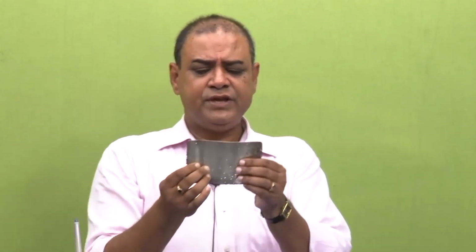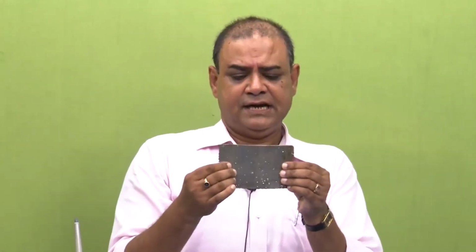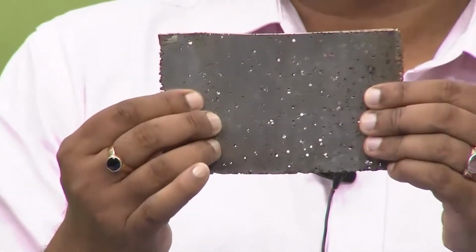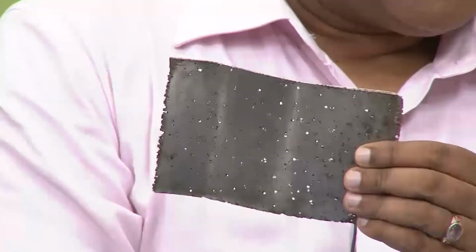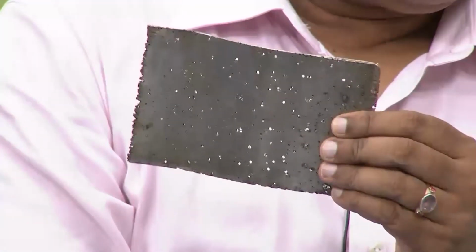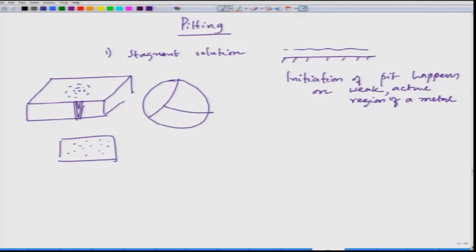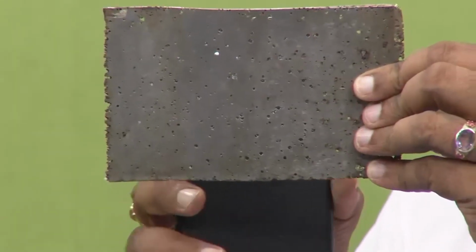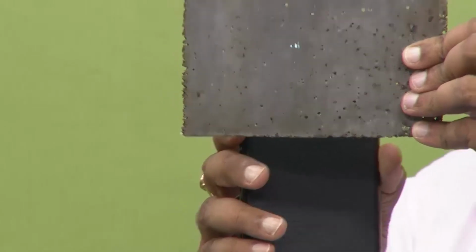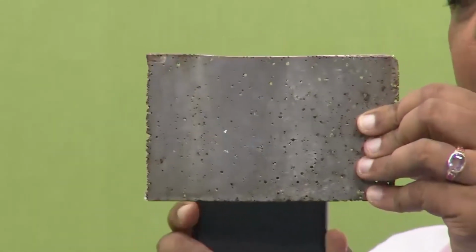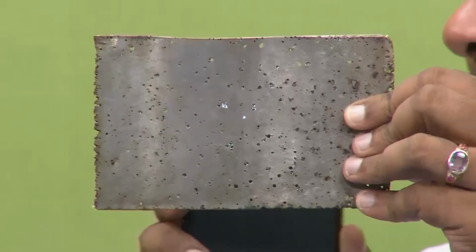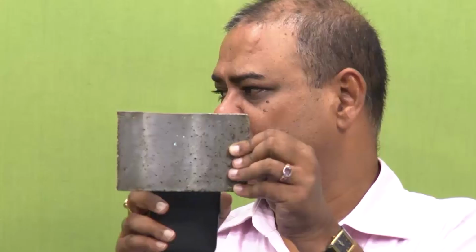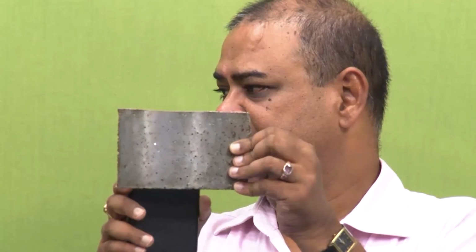Now, when we use this, after some time we could see that it is developing small holes. I have put a little bit of light on the back of this particular plate, and you can see that gaps are there and these are looking like stars blinking, is it not?